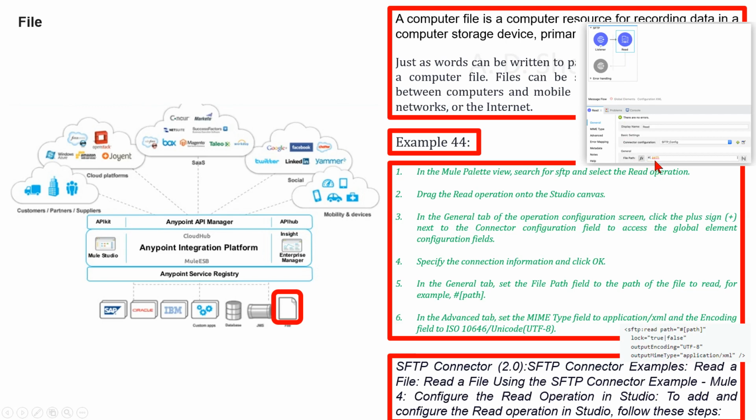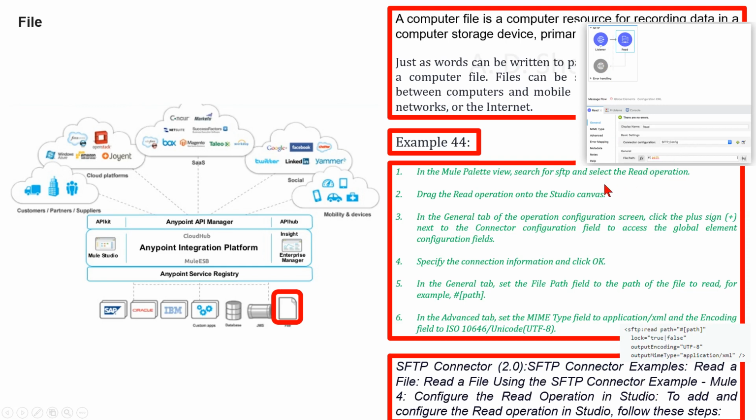In the Advanced tab, set the MIME type field to application/xml and the Encoding field to ISO 10646/Unicode UTF-8. The following screenshot shows the Read operation configuration.